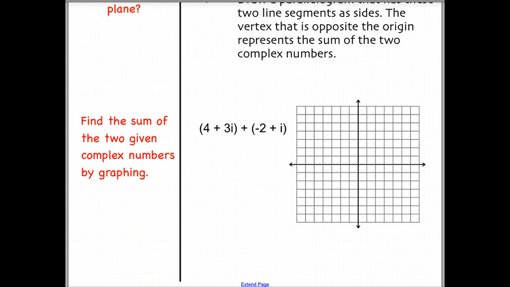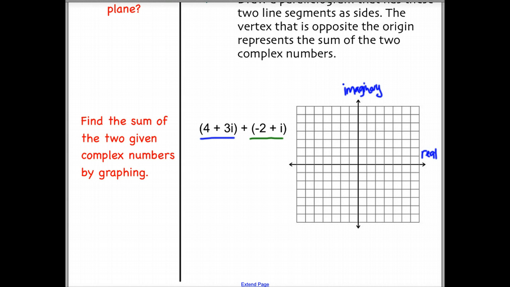So let's look at this. We have 4 plus 3i and negative 2 plus i. So every time we start at the origin, and remember this is our real axis, and this is imaginary. So the first point is going to be in blue, and the second point is going to be in green.